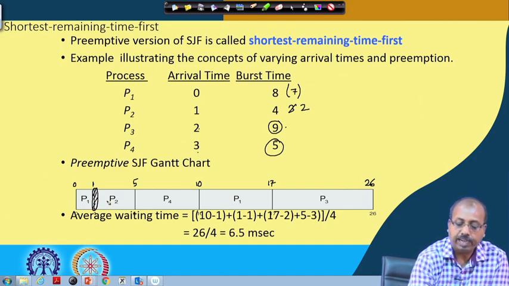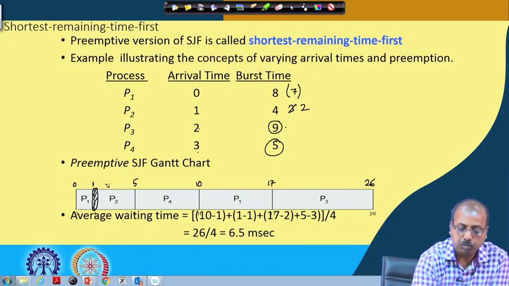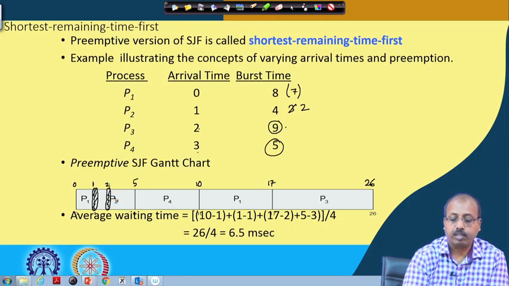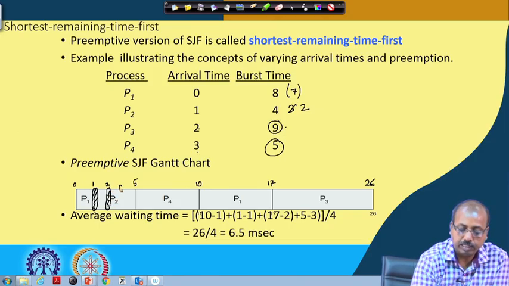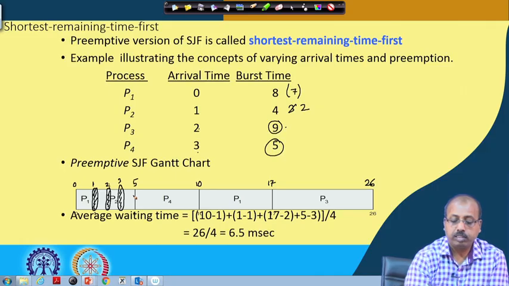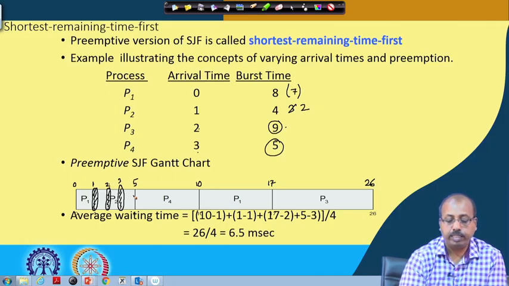Then again at time 2, P3 has arrived, so the scheduler will be invoked to see whether it needs to do some switch over. Similarly, at time 3 the scheduler will be invoked to see if it needs to do any switch over. So, those overheads are there, though it is not shown in this diagram.